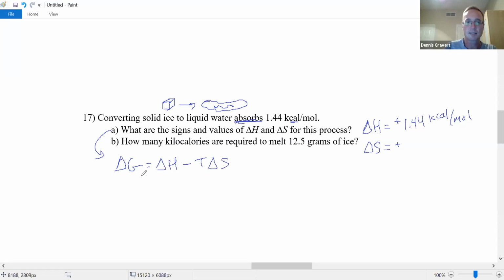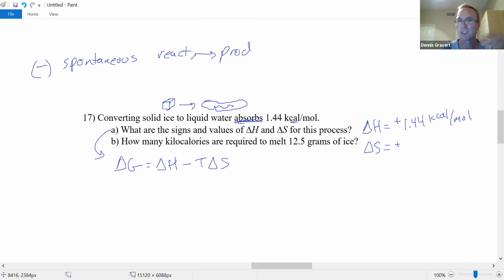What do we do with that? What's the value of G? Okay, this is the trick. That's why I want to do 17 before 15, because we need this trick again. What does delta G mean? Delta G means if it's negative, it's spontaneous. Reactants will spontaneously go to products.